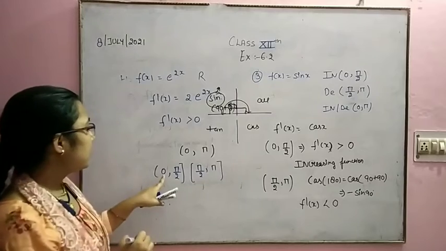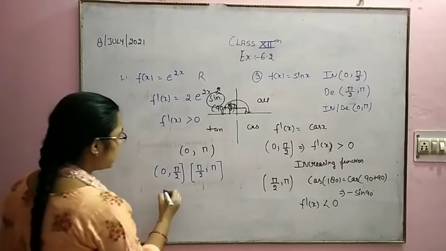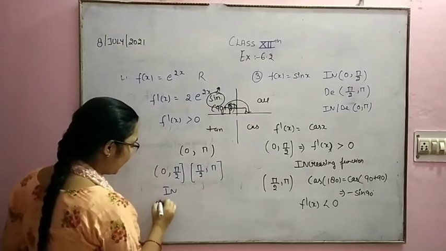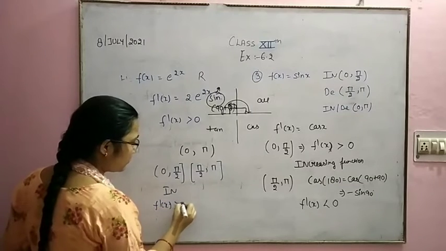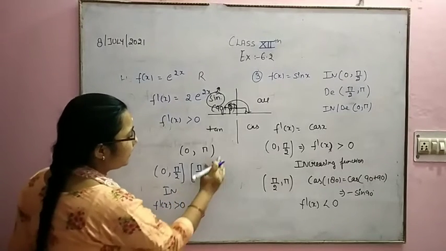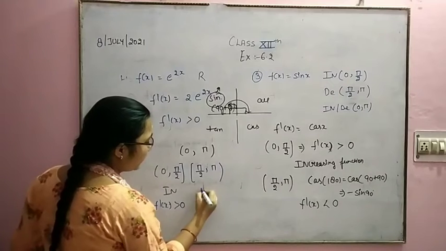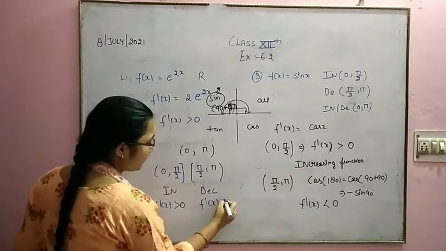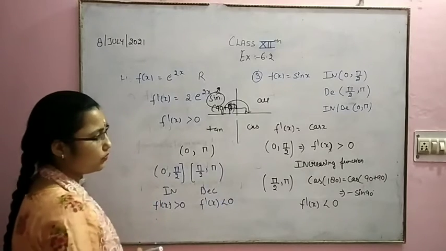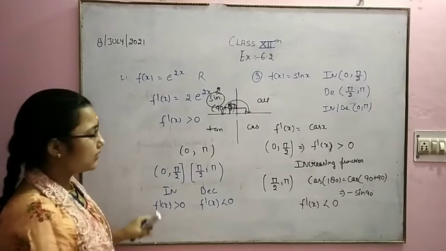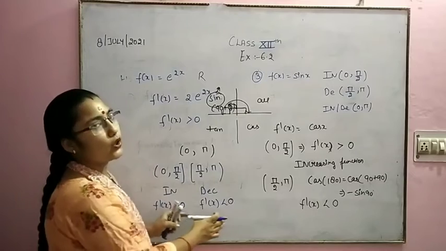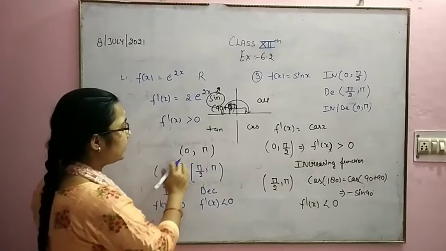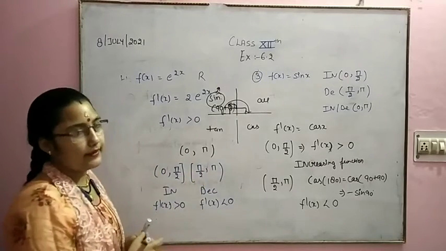As we observe, for 0 to pi by 2 the function is increasing, that means f dash x is greater than 0, and for pi by 2 to pi we get a decreasing function, that means f dash x is less than 0. So we conclude the function is neither increasing nor decreasing in the interval 0 to pi.